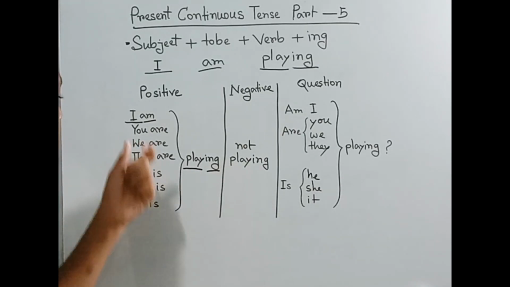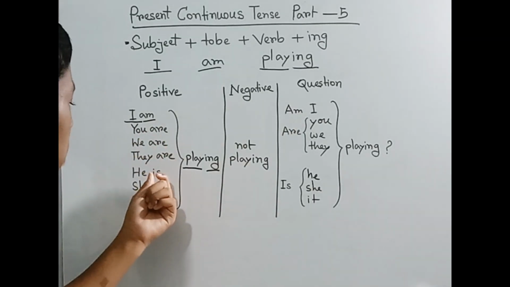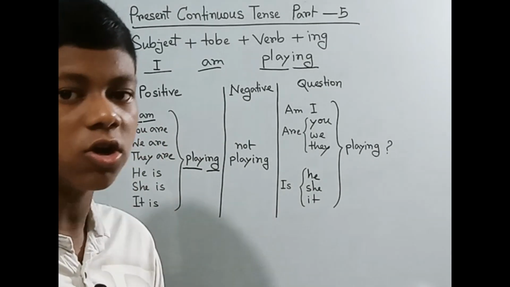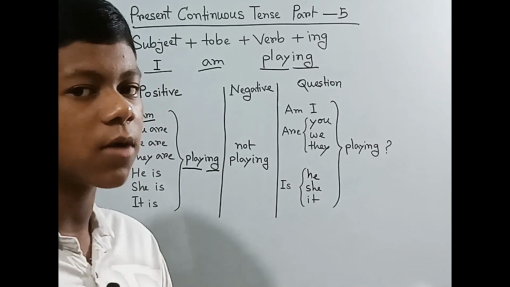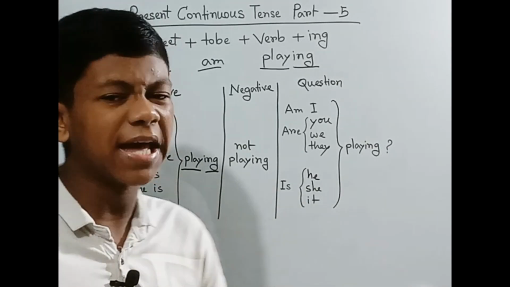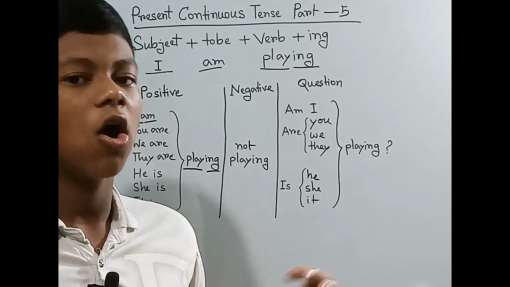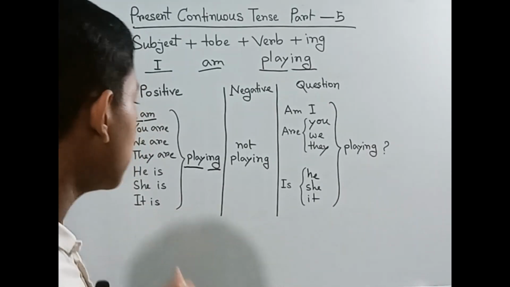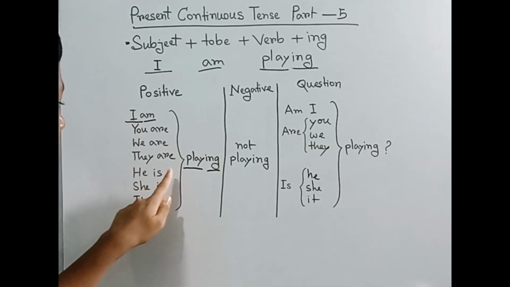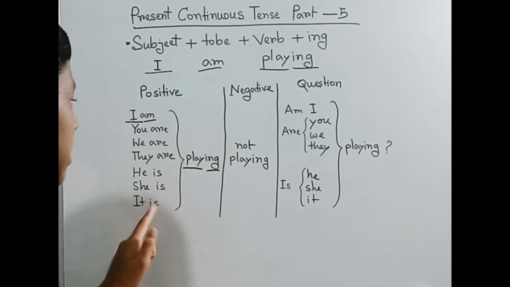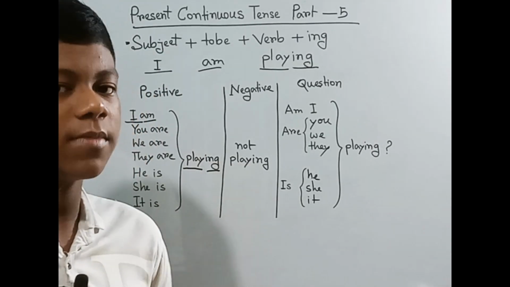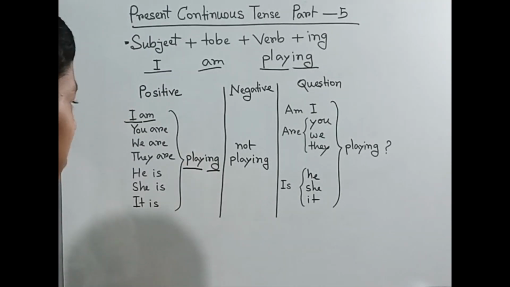And is is generally used only for the third person singular number. It can be he, she, it, or any kind of name. For example: he is playing, she is playing, it is playing, Korim is playing, Mina is playing.